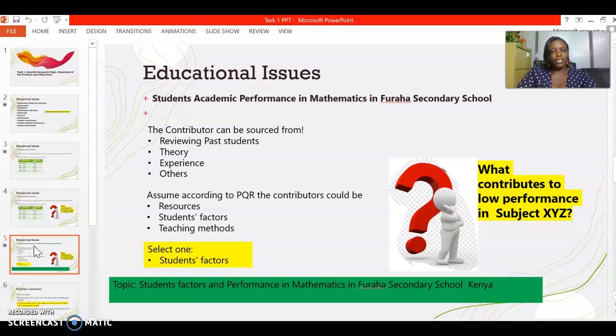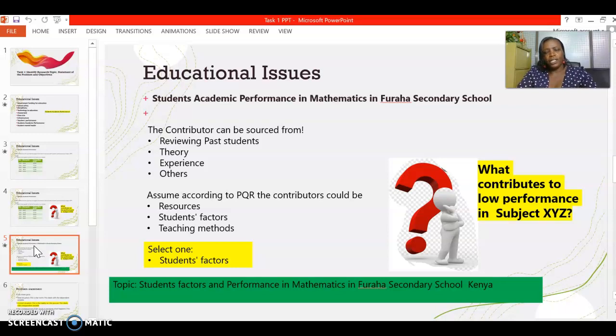And you can begin to see where we are coming from. The issue that we picked, that is student academic performance. And then we looked at the trend for the last 5 years against the county mean. And we discovered that there is a problem in performance as compared to the county mean, which we said was persistently low.